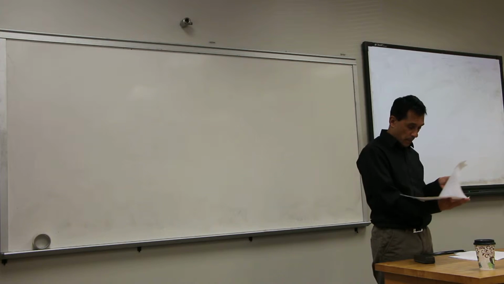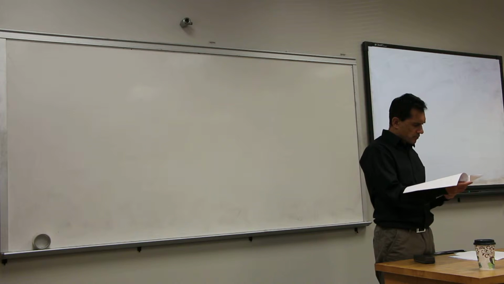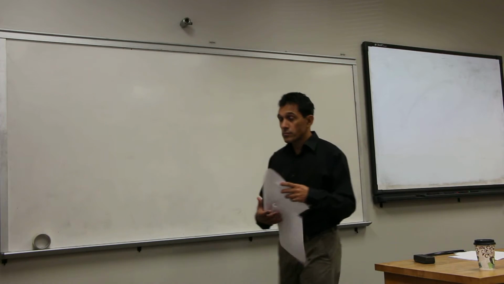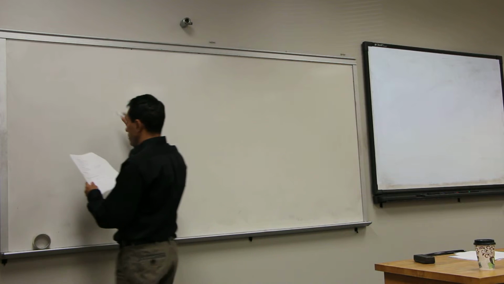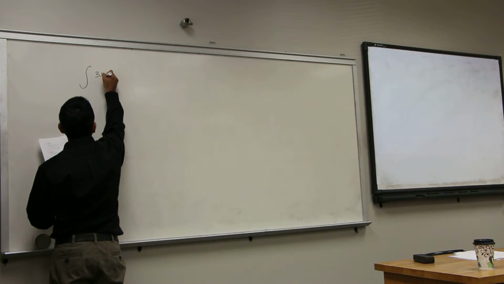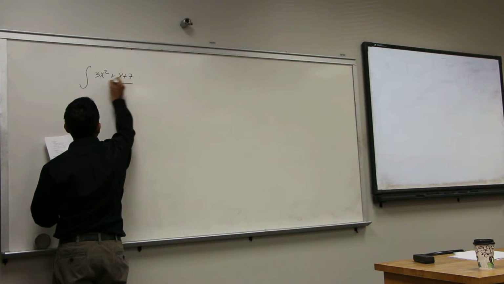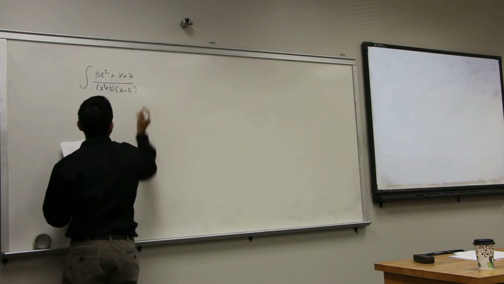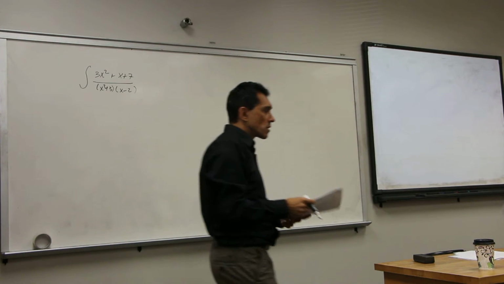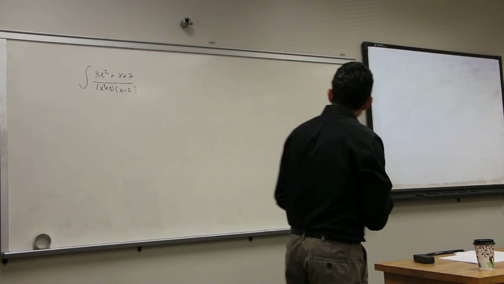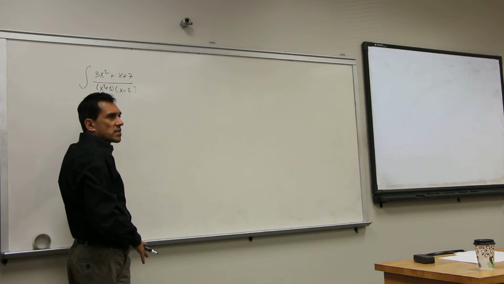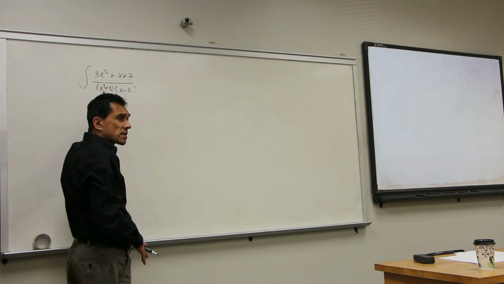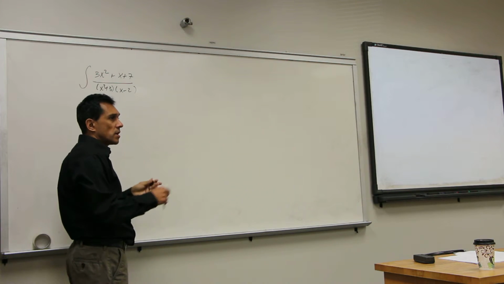Let's say we have something like this. Now, this is a linear factor, and this is a quadratic term that cannot be factored linearly using real numbers.